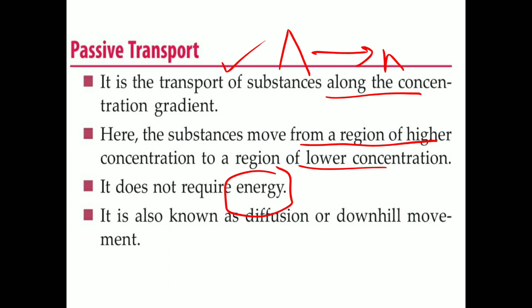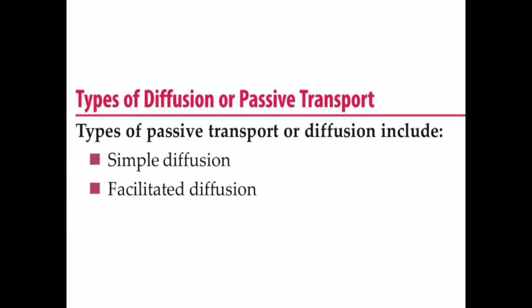Energy is not utilized for this kind of transport. This is known as diffusion, or downhill movement. This is movement from a higher concentration to a lower concentration. Downhill movement.